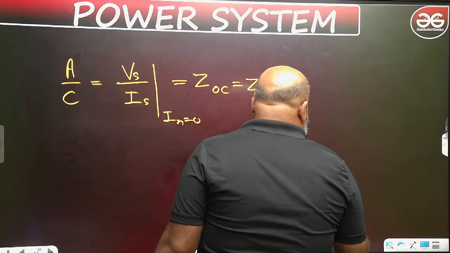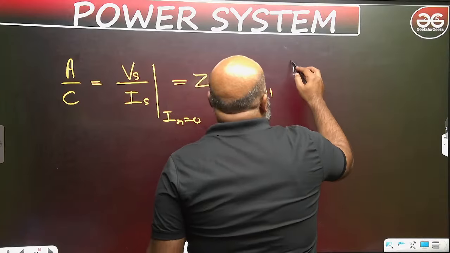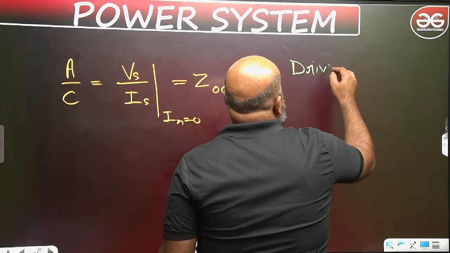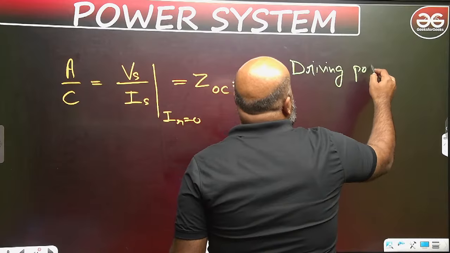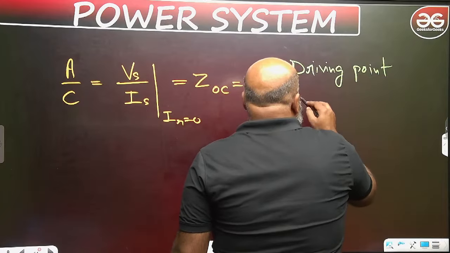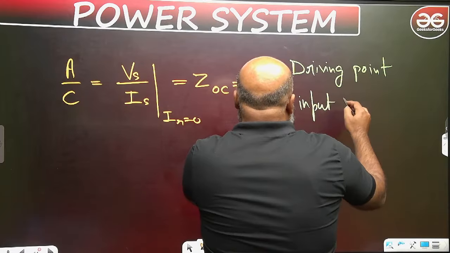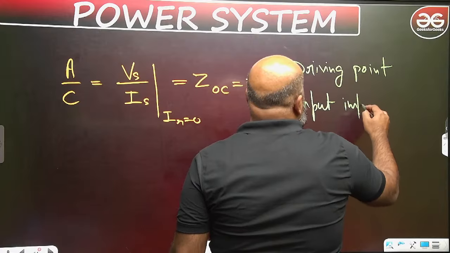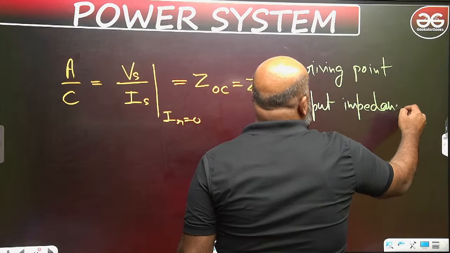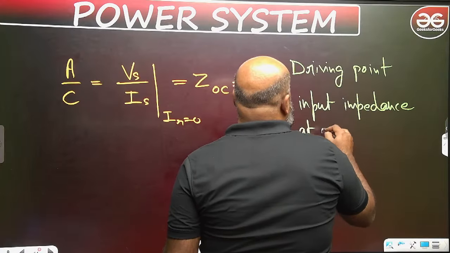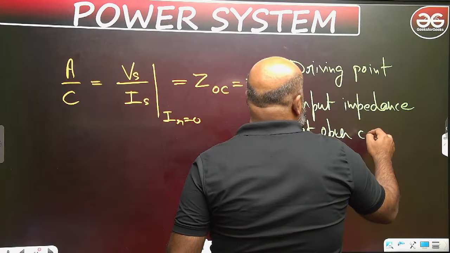So this is called the driving point input impedance at open circuit.